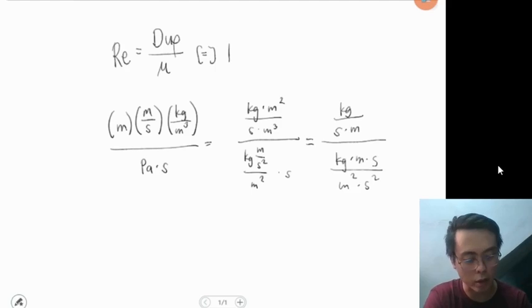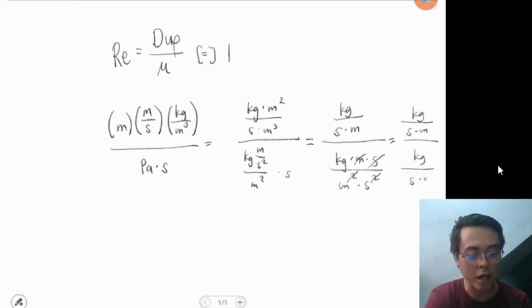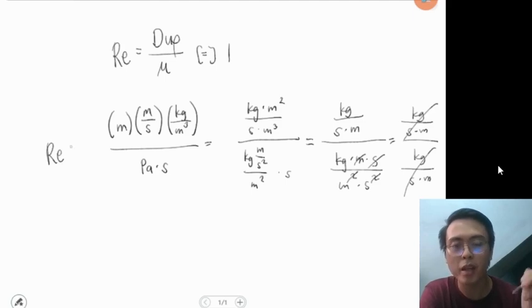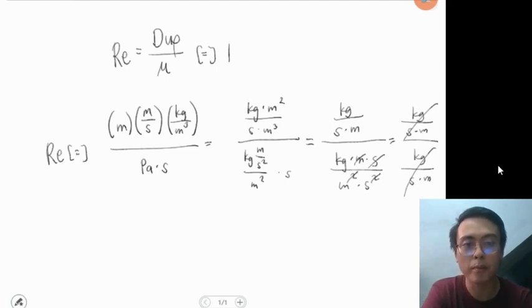The meter would cancel, and then second would cancel. You will be left with, in the numerator, kilogram per second per meter. In the denominator, it's also kilogram per second per meter. It's exactly the same, and it cancels itself. Therefore, the Reynolds number is truly a dimensionless quantity.